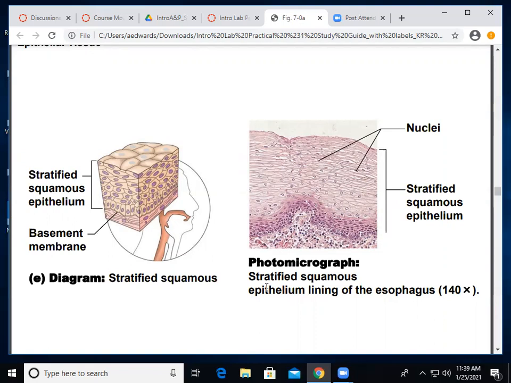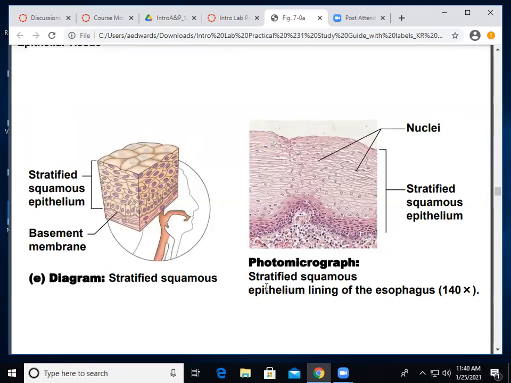This example here is the lining of your esophagus and your throat. And how do you know it's stratified squamous? One layer or multiple layers? Multiple layers. Are the cells square, rectangular, or flat? They're flat.